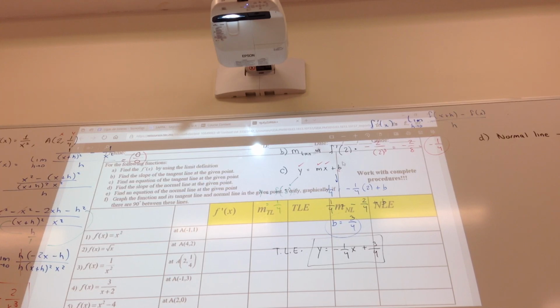Now the question is, do you know what perpendicular means? Yes. What is it? It makes a 90 degree angle to the other line.